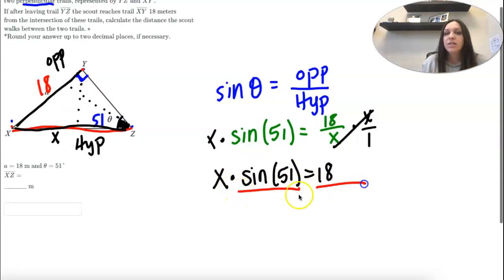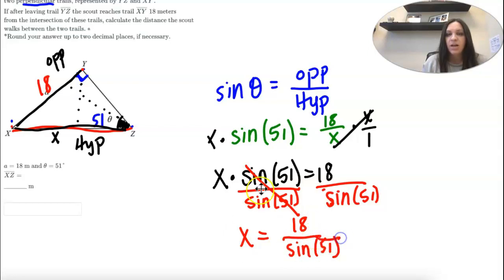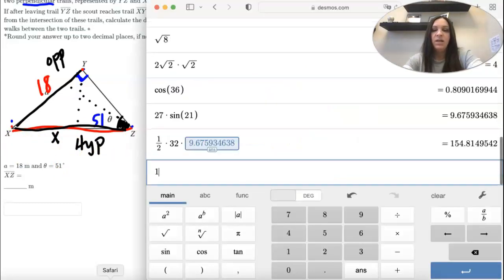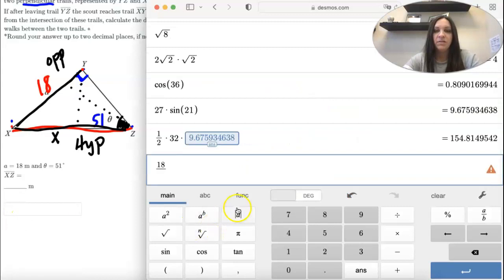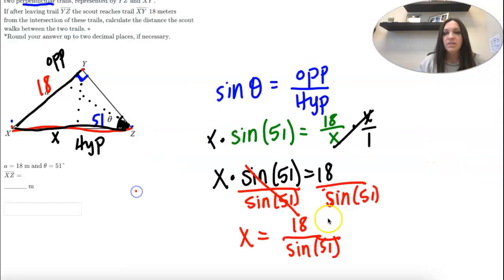So we're going to divide both sides by sine of 51. So x equals 18 divided by sine of 51. We're going to put that in our calculator, and that's our answer. That's x to z. So 18 divided by sine of 51. 23.16. That's x.